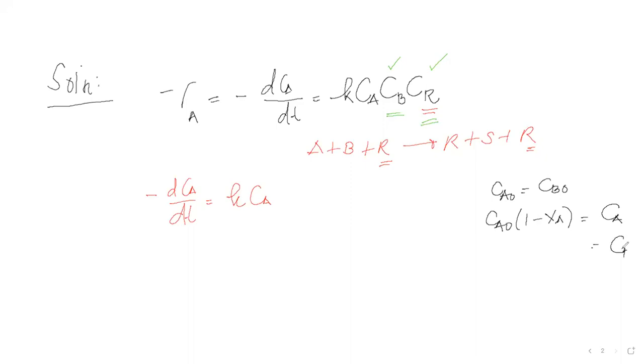We'd like to have CB because this CB has to be changed. So, just like this one, we write CBO times 1 minus XB. I'm giving you already the starting point. What do you do next? I have already CBO times the quantity 1 minus XB. What do you think would be the next thing that we do?